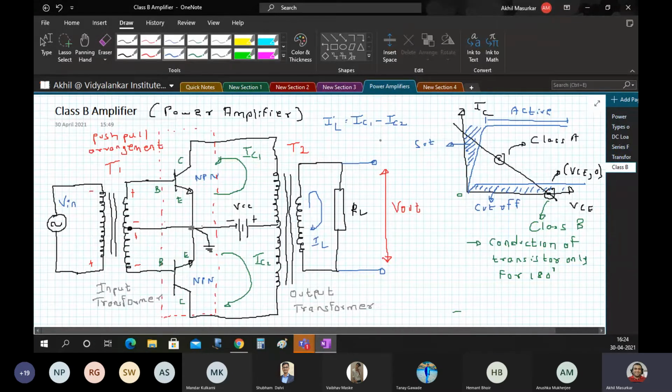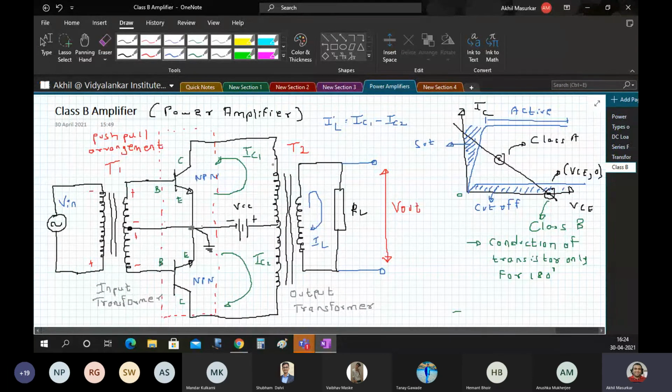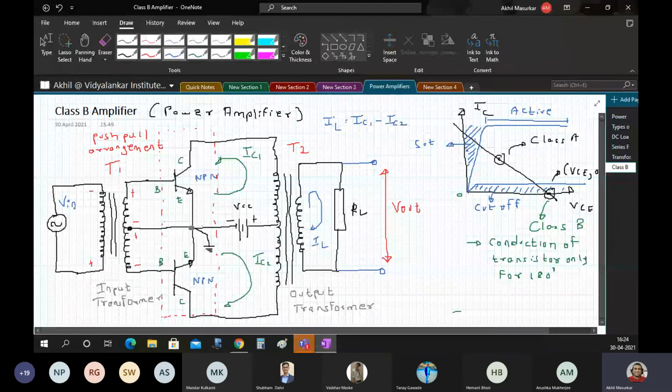In this amplifier, both the transistors are biased at cutoff. This is easily done by providing zero bias at the base of each transistor. So if Vin is equal to 0, how do we calculate the bias point?